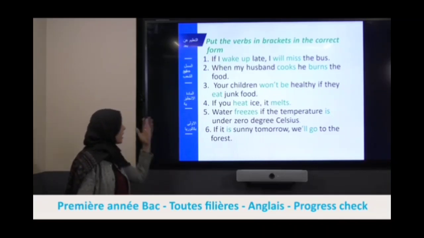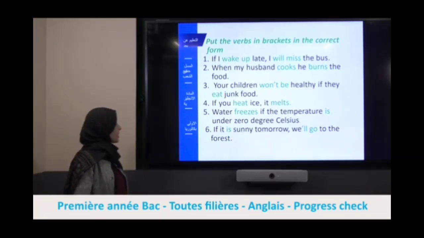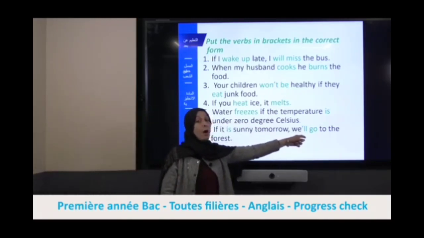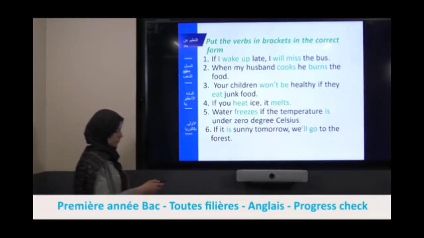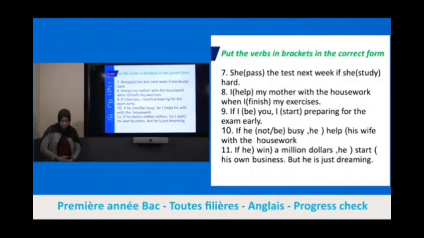So this is conditional type 0, of course, because it is a scientific truth. And 6, if it is sunny tomorrow, we'll go to the forest. So here it is the contracted form of we will, the short form. Let's move to the second part of the exercise. You take again some time to finish your exercise.